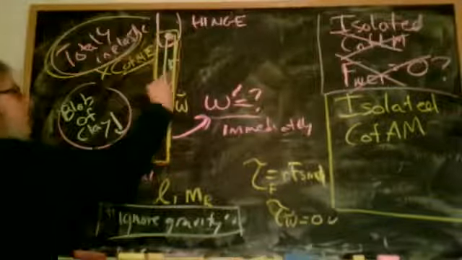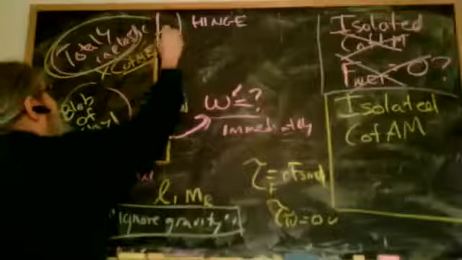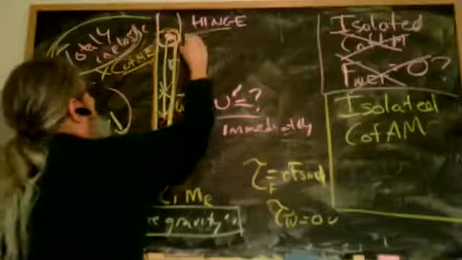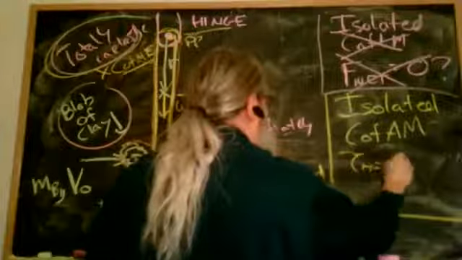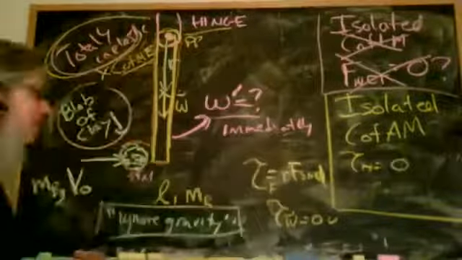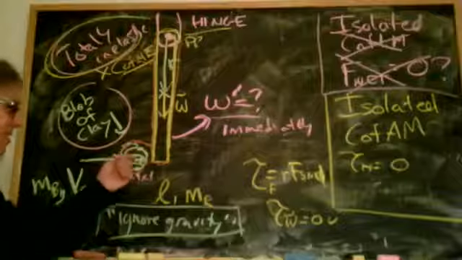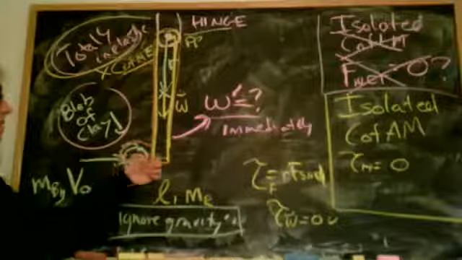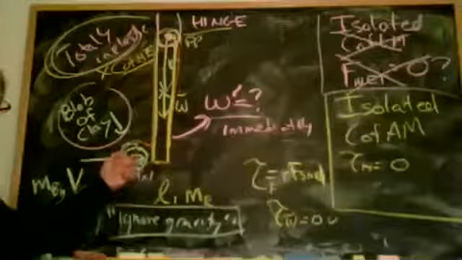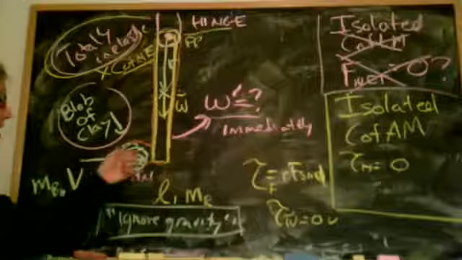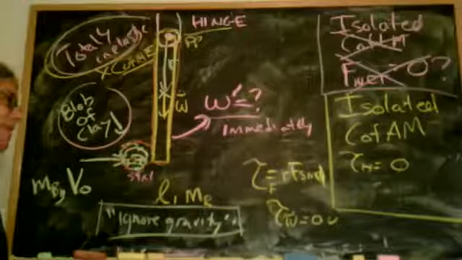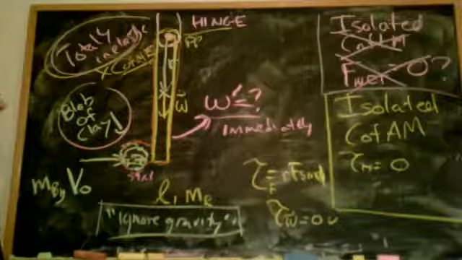The torque due to the hinge force, if I choose the hinge as the pivot point, then the torque due to the hinge also has to be equal to 0. Doesn't matter whether we know it or not. And then there are torques that result from the forces of interaction between the blob and the stick, but by Newton's third law, all those forces are equal and opposite and applied at the same location, so they also total to 0.